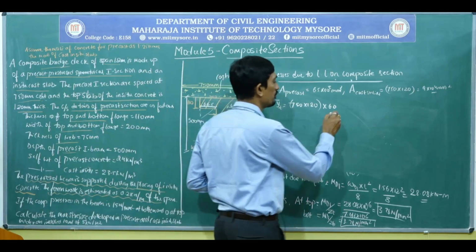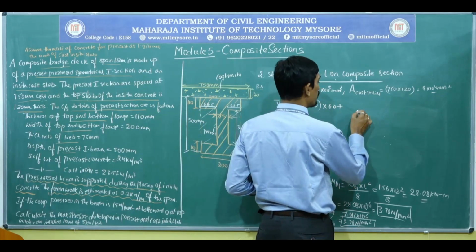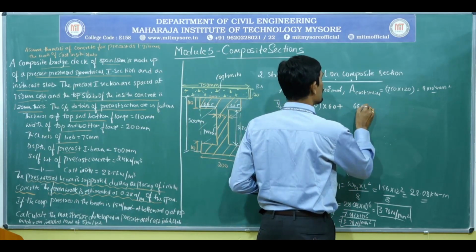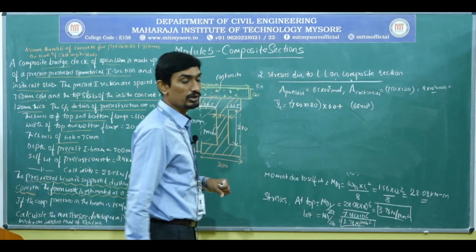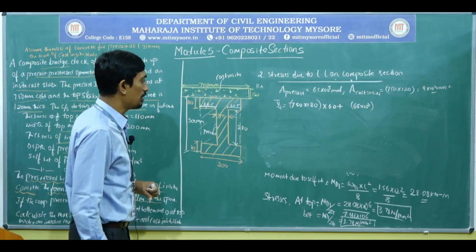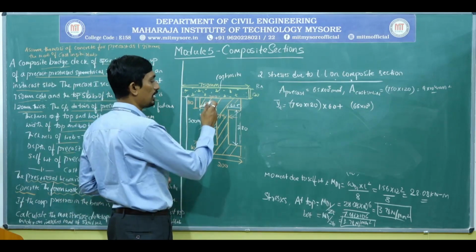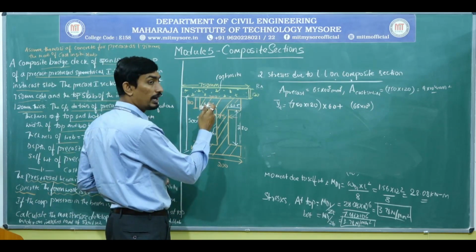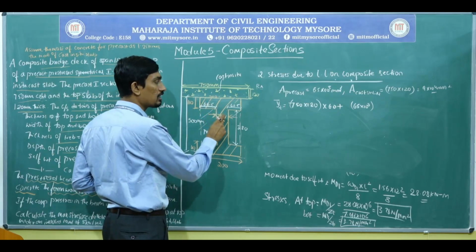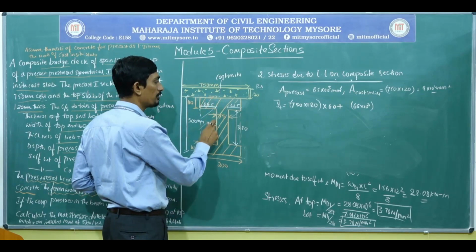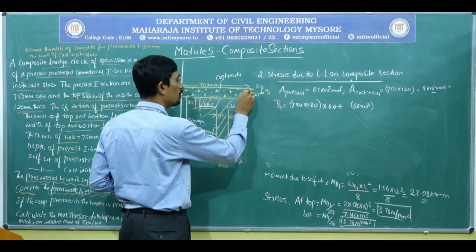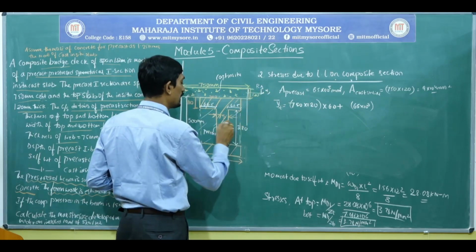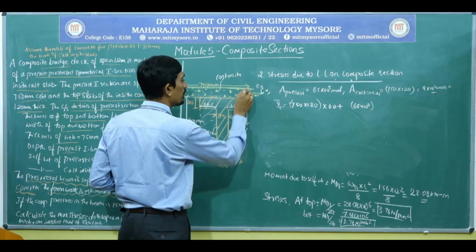Next, now the very important thing, area of precast, 65 into 10 to the power of 3, multiply by the y2 of this precast measured from top. Now this is y1, now this will be y2, exactly at the center it will be y2.